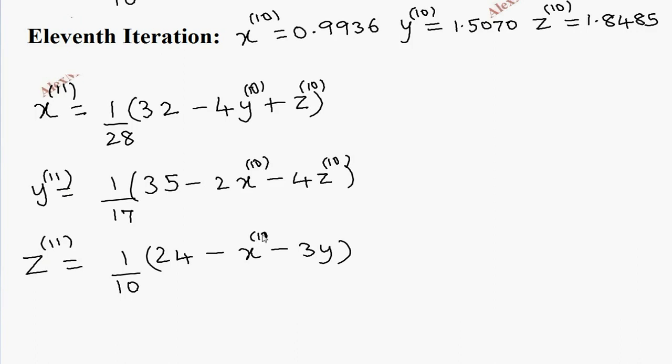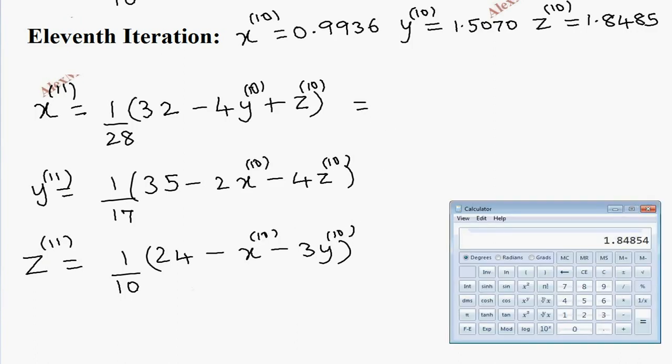Now using the calculator, we evaluate x of 11, which is 32 minus 4 into 1.5070, then plus 1.8485. This whole value divided by 28.